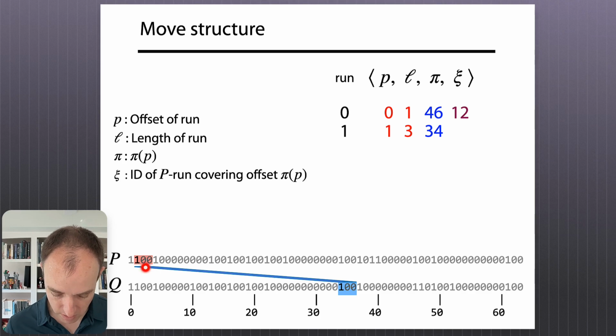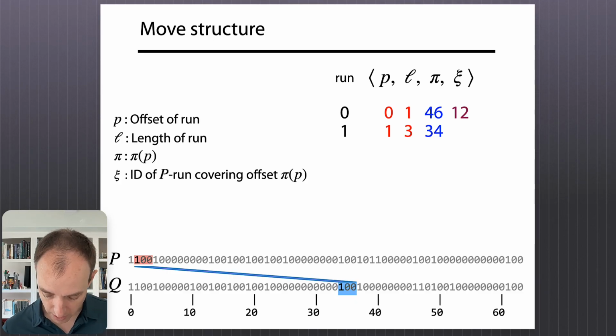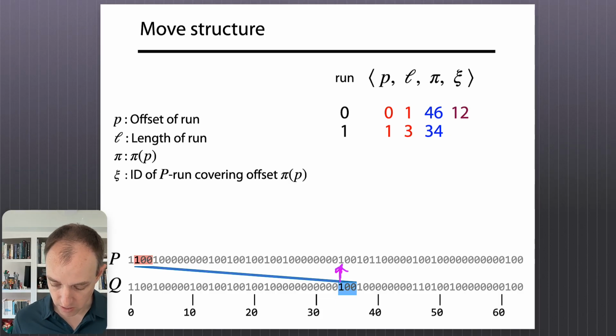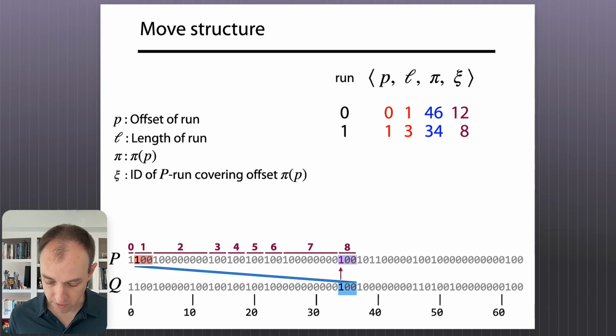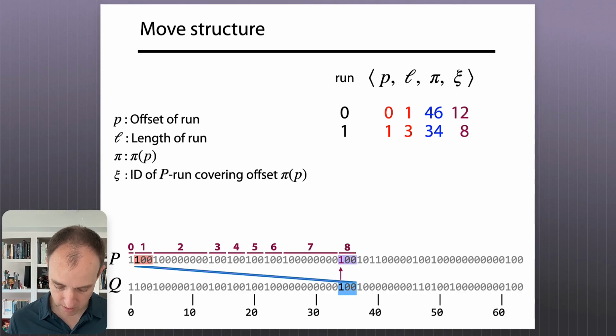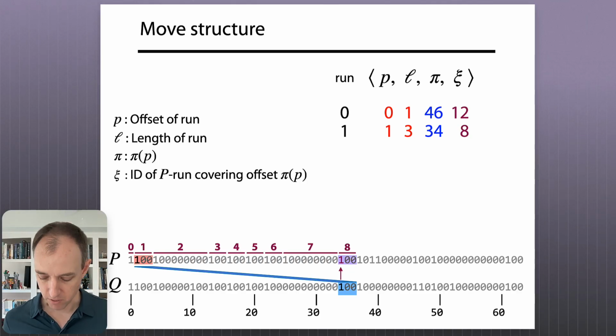So this run maps to this part of the q bit vector. The final question is which of the runs is the one that contains offset 34? We can count them off and we can see that it's run 8. So we put 8 here. Okay, we've done 2 rows.